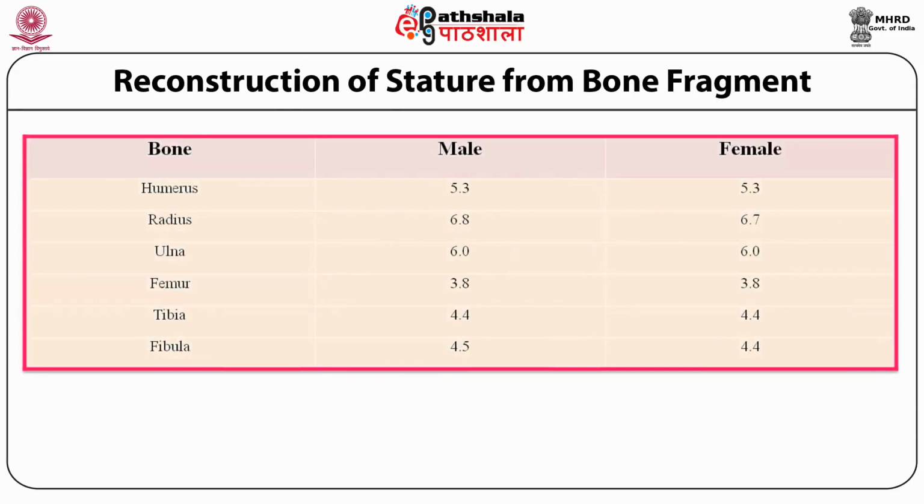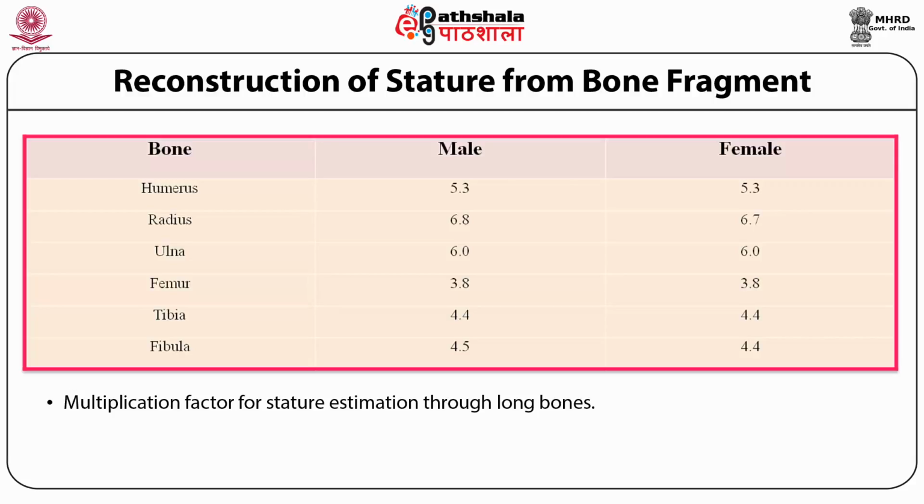The presented table is showing you the multiplication factor for stature estimation through long bones. In case of the humerus, the multiplication factor is 5.3 for males and it is also 5.3 for females. For the radius, the multiplication factor is 6.8 in males and 6.7 in females.